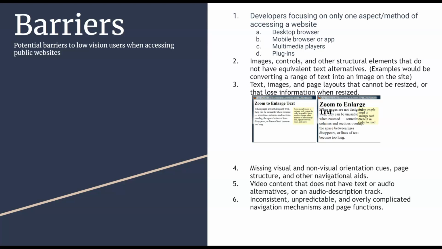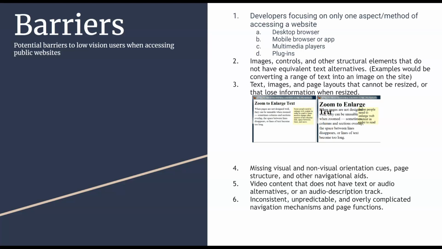It's a problem when trying to use accessibility tools. Another barrier could be missing visual and non-visual orientation cues, page structure, and other navigational aids. So perhaps a page that's just a full page of text and visuals that you can't really follow the flow if you're not looking at them.